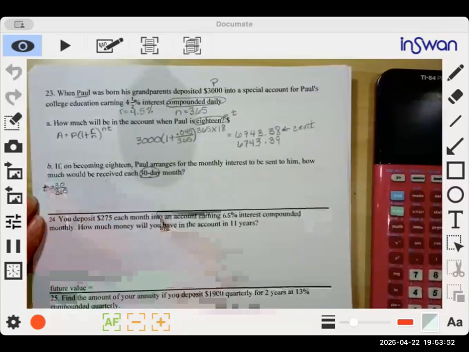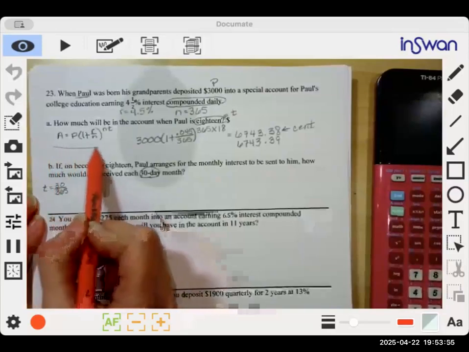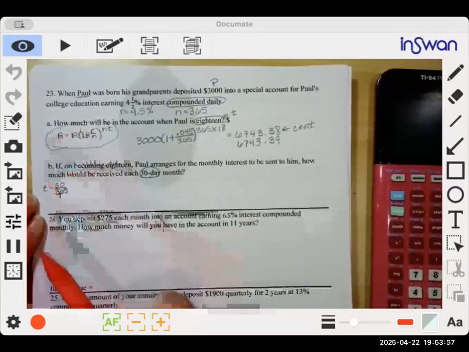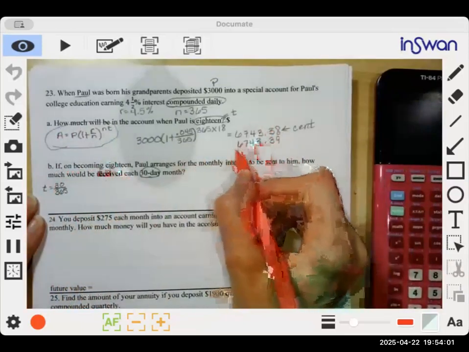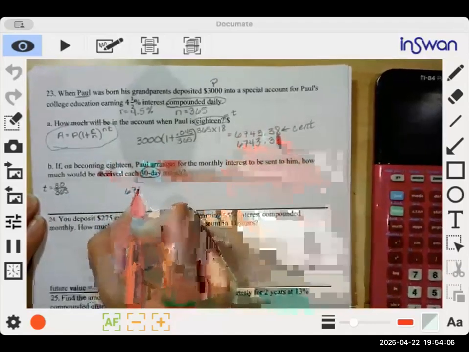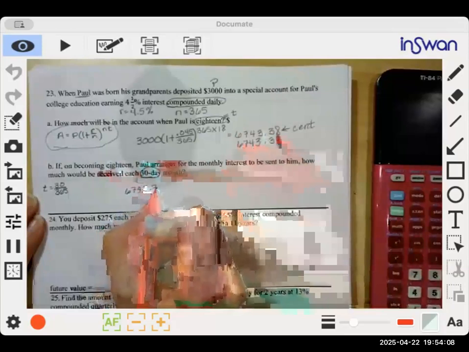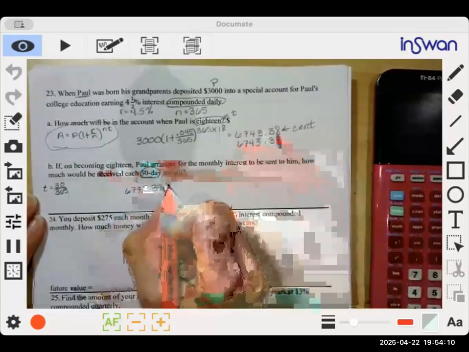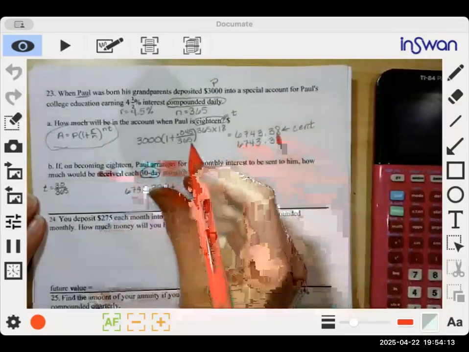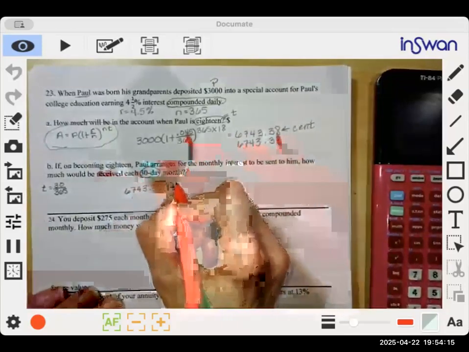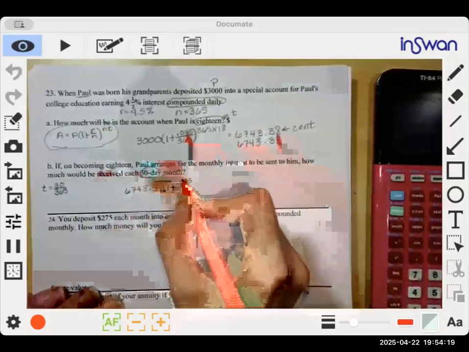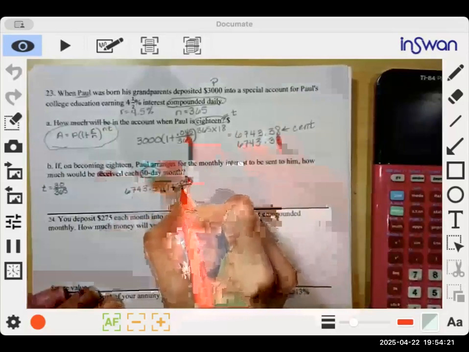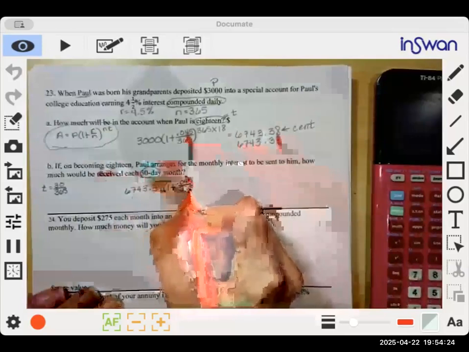All right, let's try that. We're using the same formula, but we're using our answer from here as our principal. So our rate is still 0.045, still out of 365 days in the year.